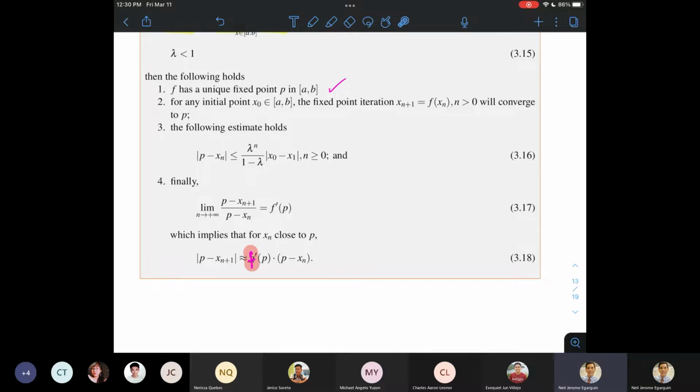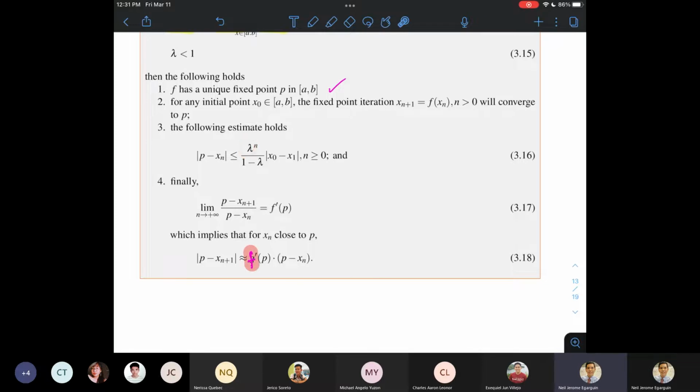Okay? Though posibleng malaki tong x sub 0 minus x sub 1, don't worry about that if that is very big. Kasi posibleng nag-start ka sa isang malayong x sub 0 mula dun sa root. So yung x sub 1 mo, posibleng malaki yung leap from x sub 0. Right? Pero don't worry because yung lambda to the power n will take care of further minimizing the error.